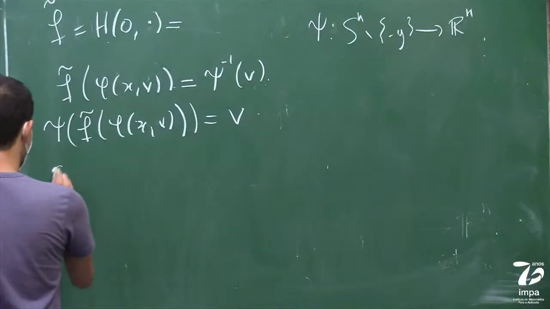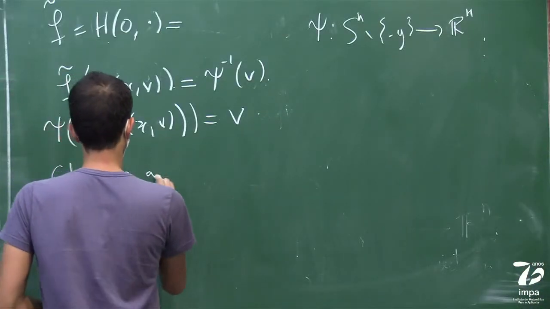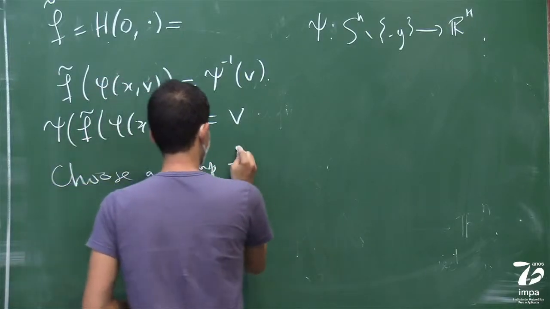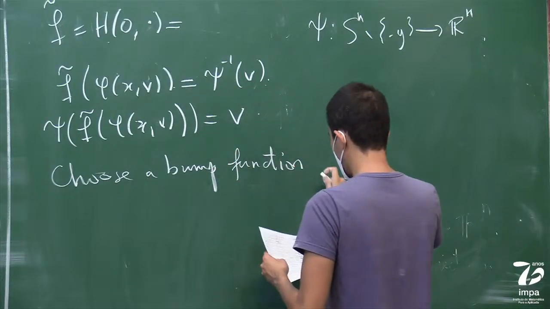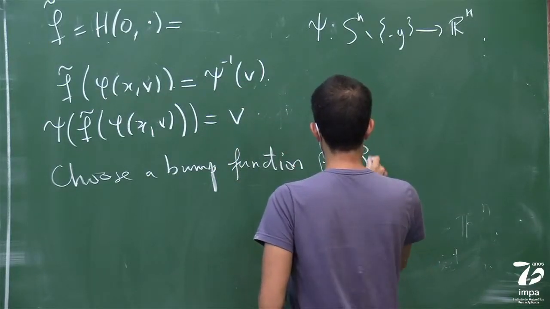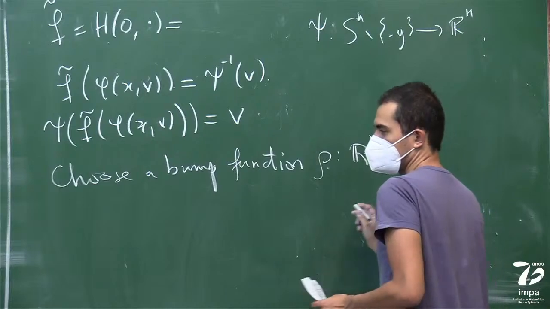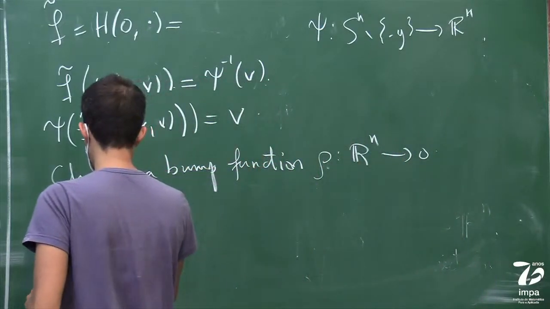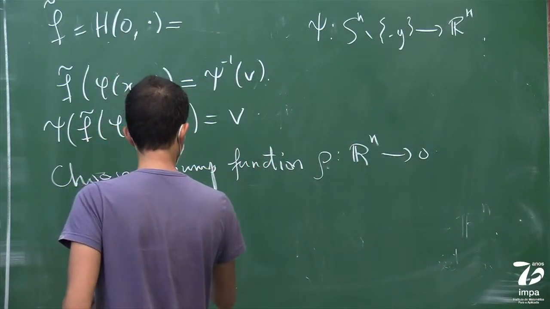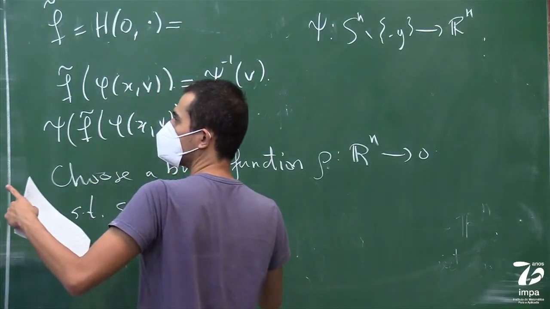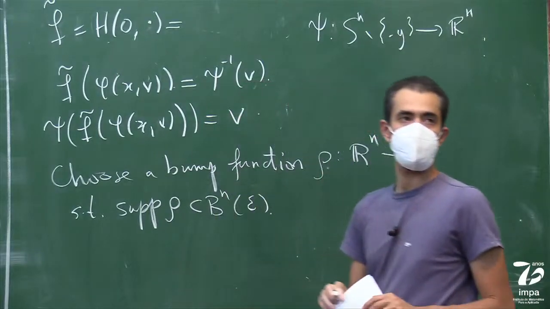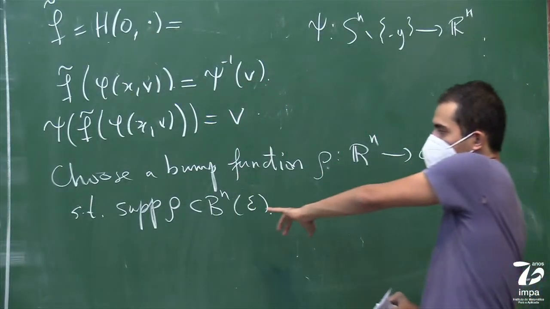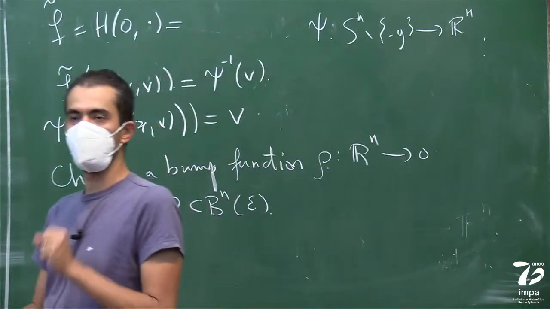So to do that, I choose a bump function rho from Rn to R, such that the support of rho is contained in this ball of radius epsilon. So inside of this ball of radius epsilon, I'm going to do a brute force homotopy from f to f tilde.